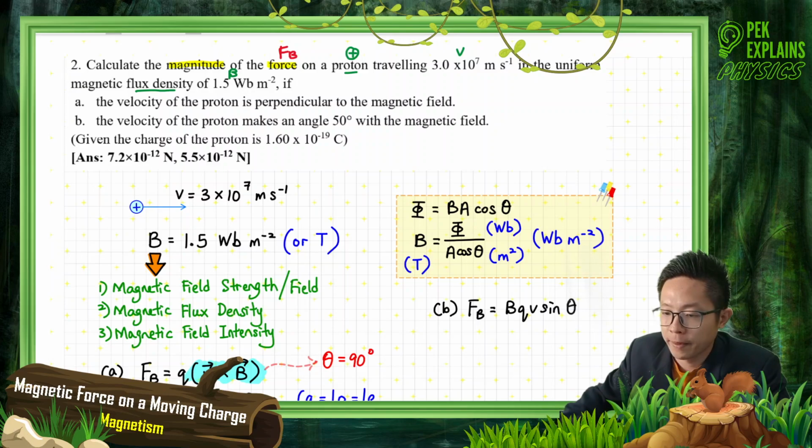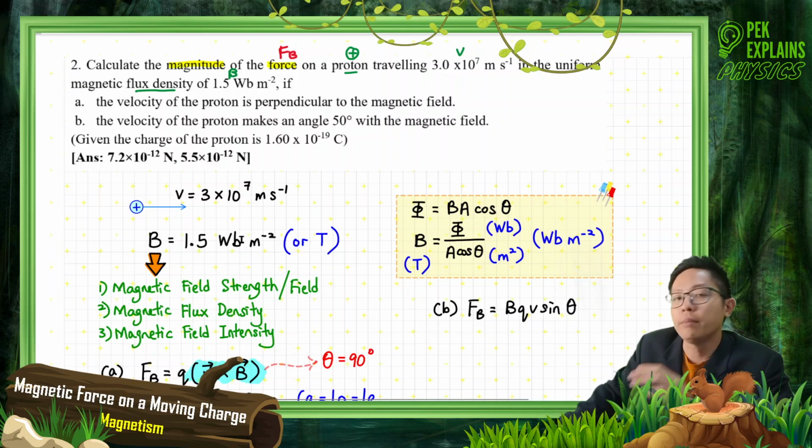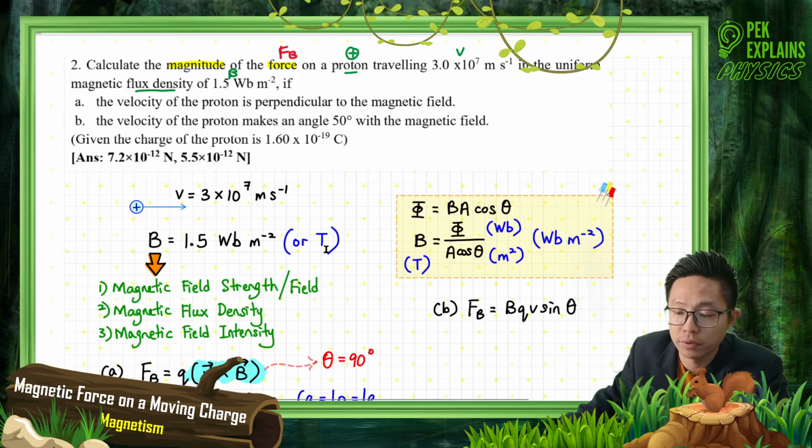In fact, magnetic field strength B has 2 units. It's either Tesla, normally we use Tesla, or we also can use Weber per meter square. Okay, as you can see, magnetic field strength has several names.